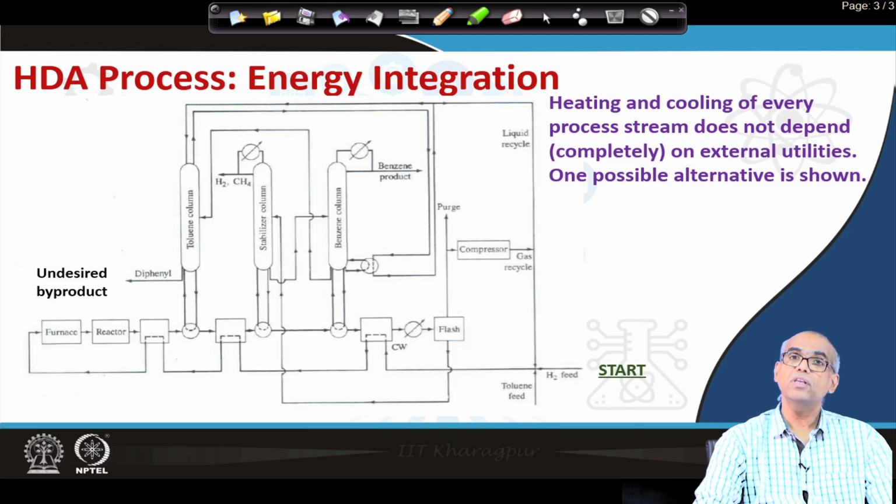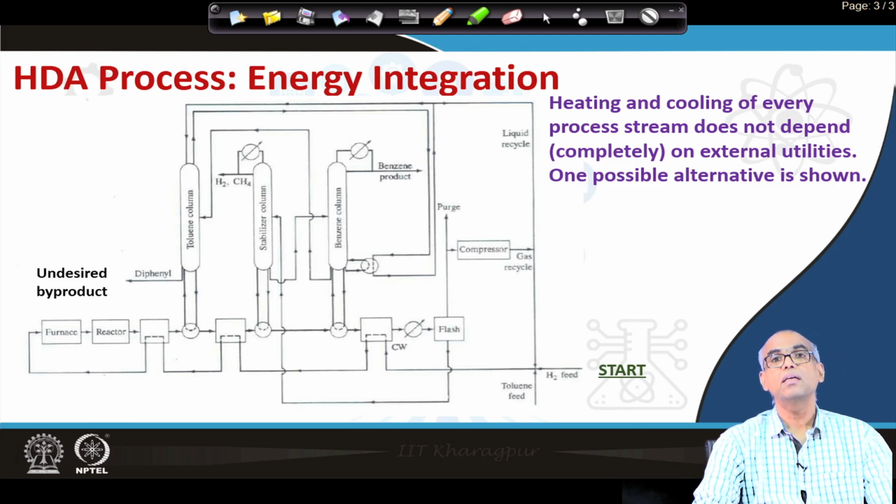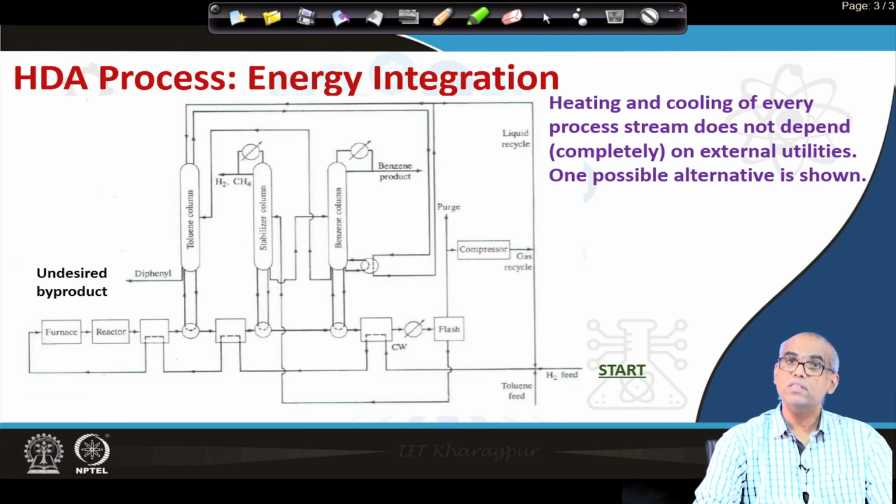Now, an efficient flow sheet or efficient process will try to recover waste heat from the process. So, it will try to perform energy integration, where heating and cooling of every process stream will not depend at least completely on external utilities.